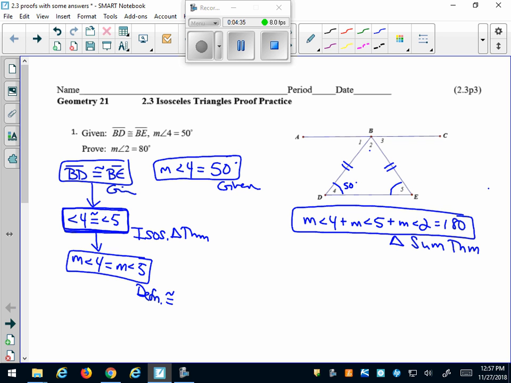Okay? So think about it this way. The isosceles triangle theorem is when you know it's isosceles. In other words, you're starting with sides congruent. You know it's isosceles. Then you conclude angles are congruent by the isosceles triangle theorem. It's the other direction, the converse, where it's not been established that it's isosceles.